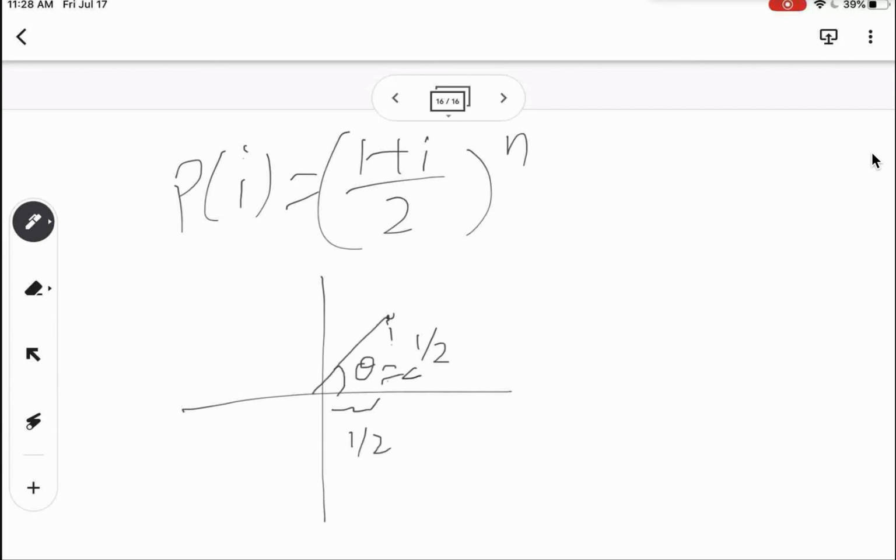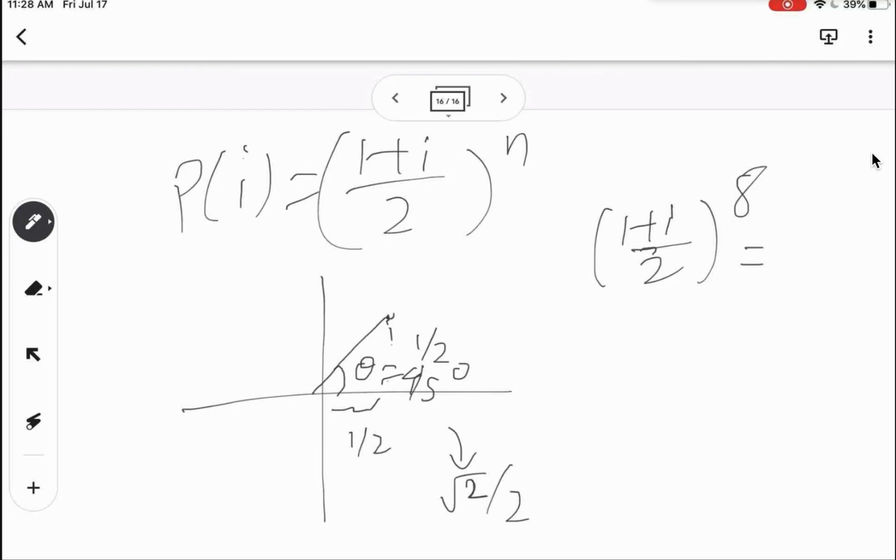So that means that (1 plus i over 2) to the eighth power is a real number, and since the norm, which is the distance from 0 on the complex plane, is root 2 over 2, this equals 1 over 16. If you're not familiar, that's totally fine.